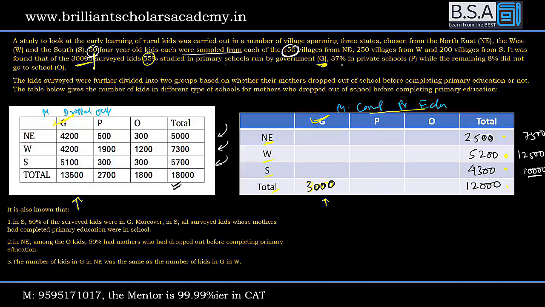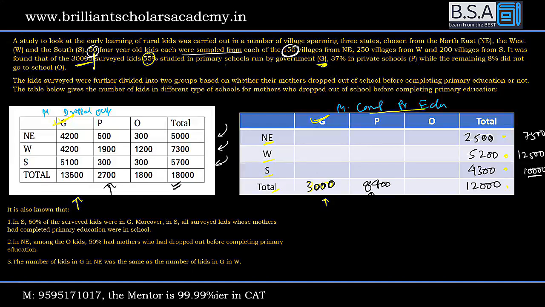Here we have 37% people in private schools. So what is 37% of 30,000? It is 11,100. This number and this number combined should be 11,100. So if I perform a subtraction, I should have 8,400 children here.